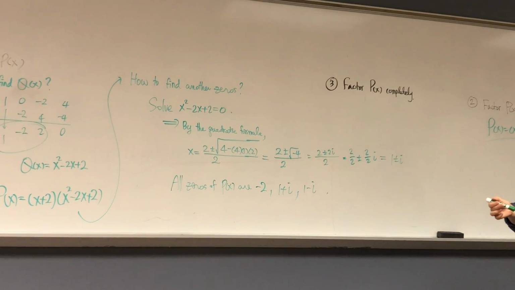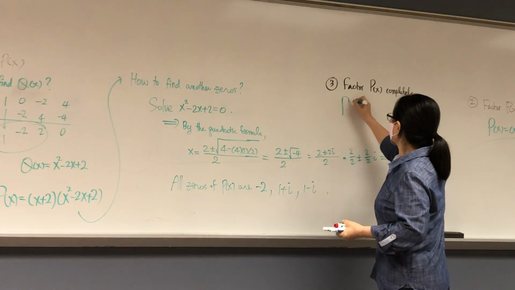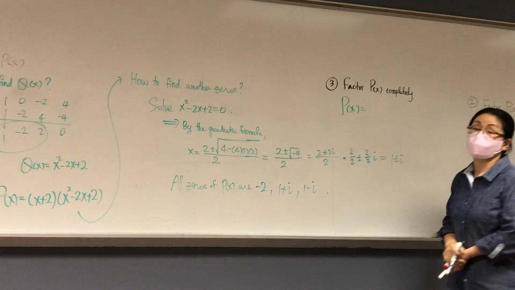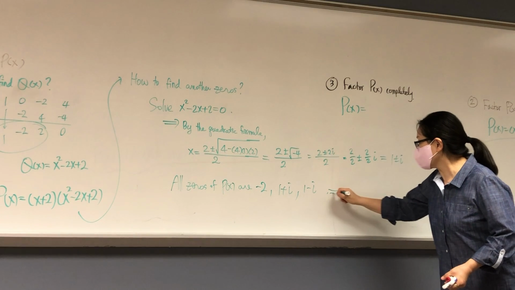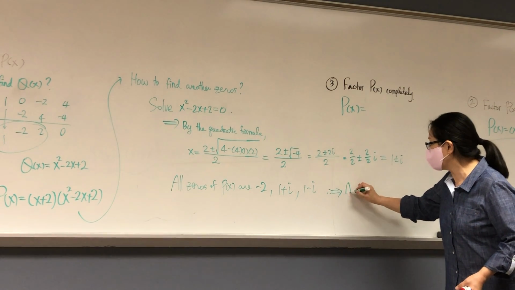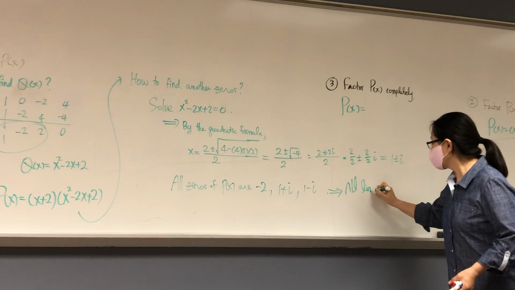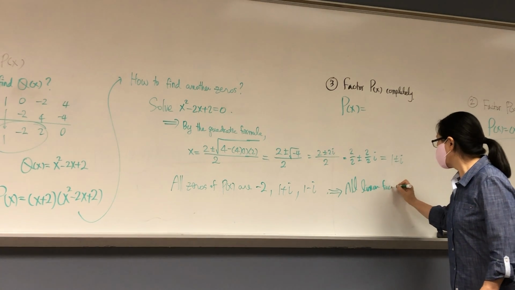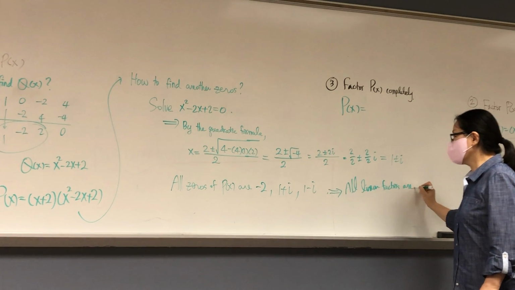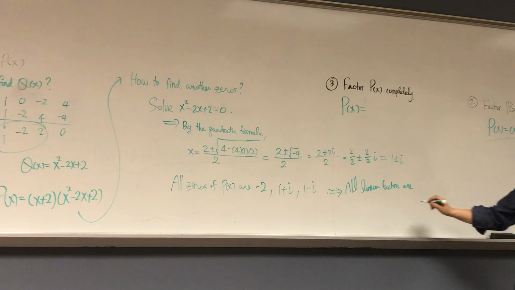So how do you write this down? Here these are the zeros, and then what are all the linear factors? What are your linear factors? X plus 2.